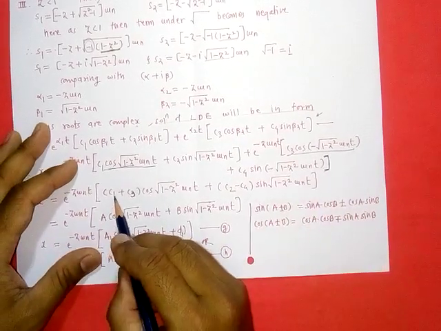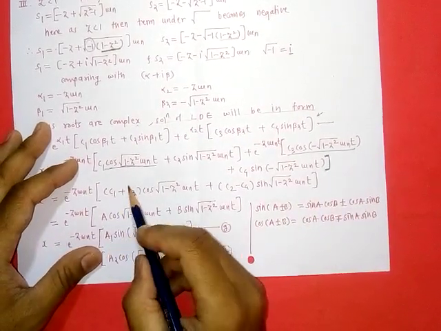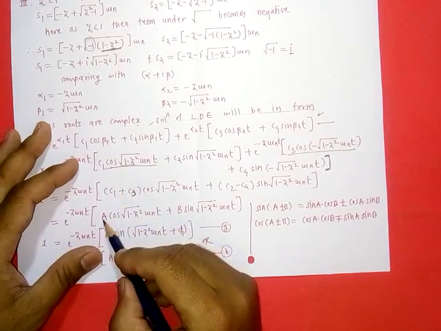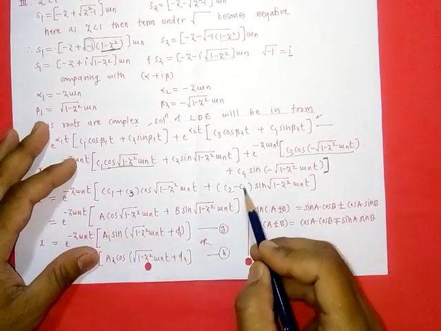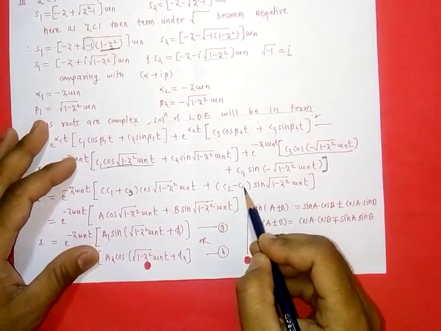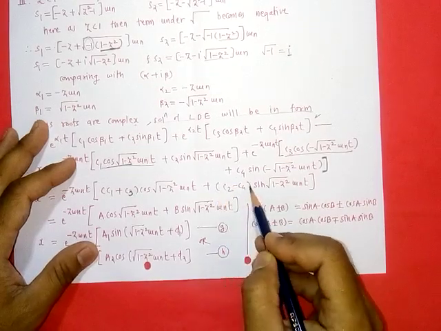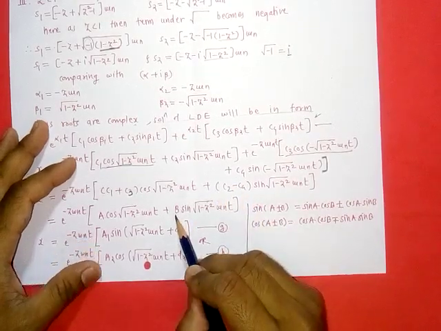Now as c1 and c3 both are constants, we introduce a new constant a for these two. Again here c2 and c4 are constants, so we introduce a new constant b here.